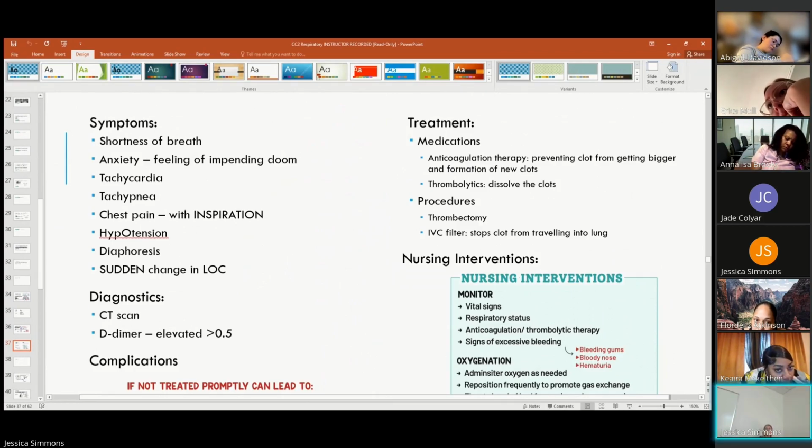Chest pain with inspiration, because every time you try to inflate those lungs, you're not getting past that PE, that blood clot. Hypotension, diaphoresis, and sometimes a sudden change in your level of consciousness.